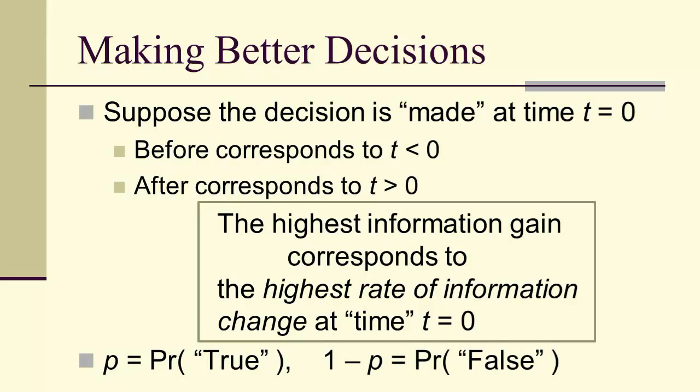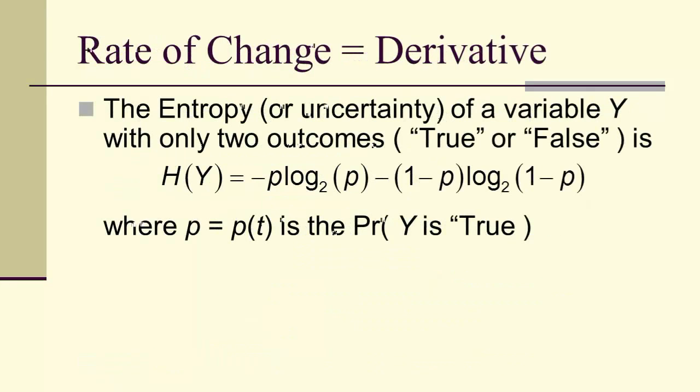Remember, p is the probability of true, and 1 minus p is the probability of false. So if we only have two outcomes, true or false, then the entropy is negative p log base 2 of p minus 1 minus p log base 2 of 1 minus p. And p(t) here is the probability that y is true.